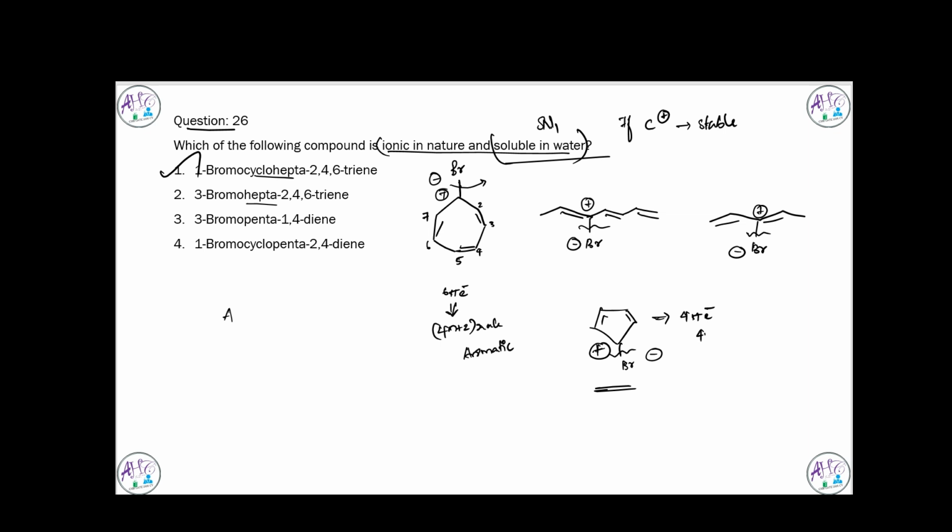That means this follows the 4n rule, which is anti-aromatic. So this carbocation is not going to be stable, and 4 cannot be the answer. It's only about your SN1, solvolysis, and aromaticity concept. As simple as that. This is a very simple question.